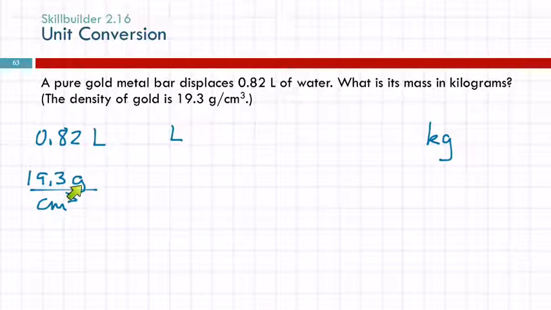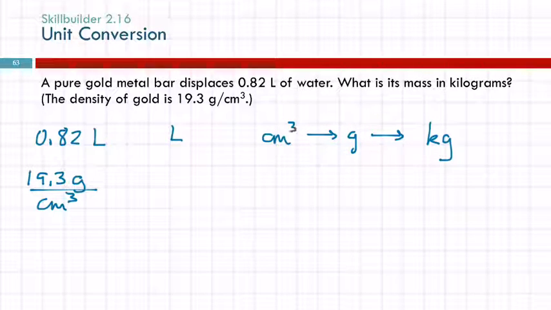But gram is related to kilogram just by a prefix, right? So we could go from grams to kilograms. That wouldn't be a problem. All we have to do is remember what kilo means. This density gives us the relationship between grams and cubic centimeters. I'm working backwards on this one, huh?